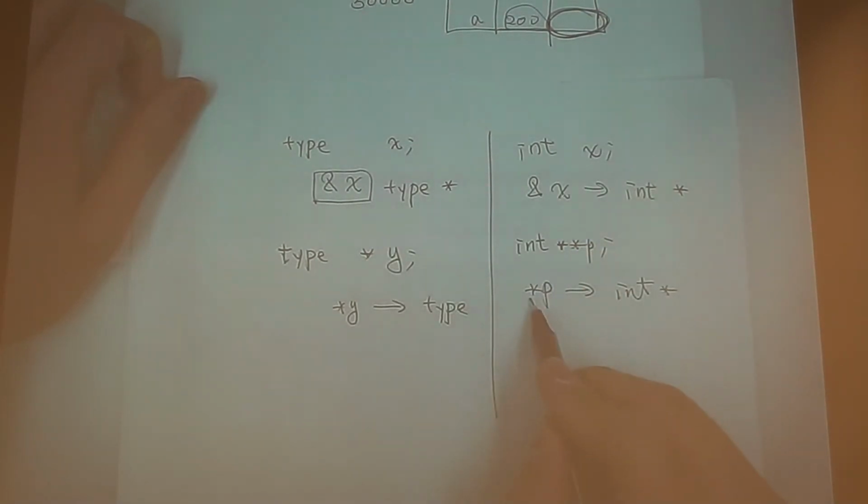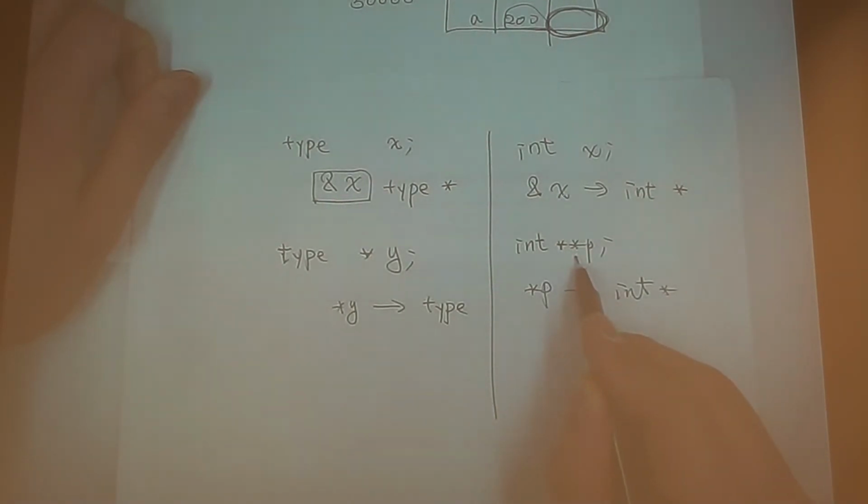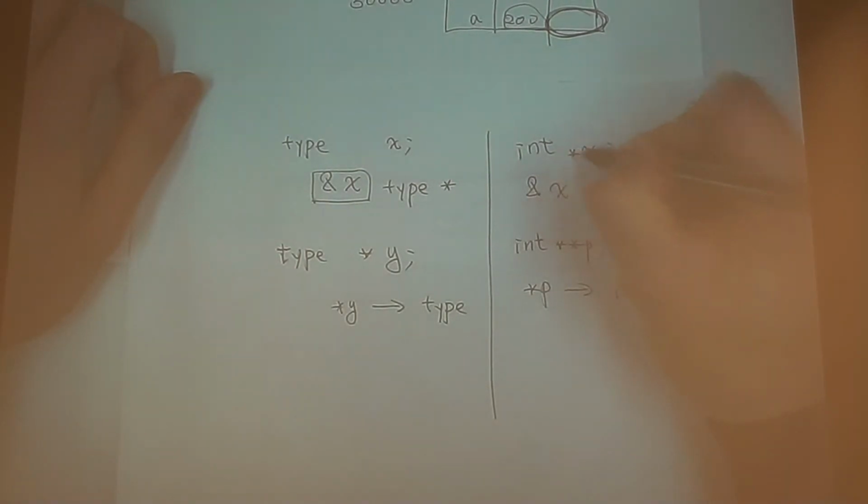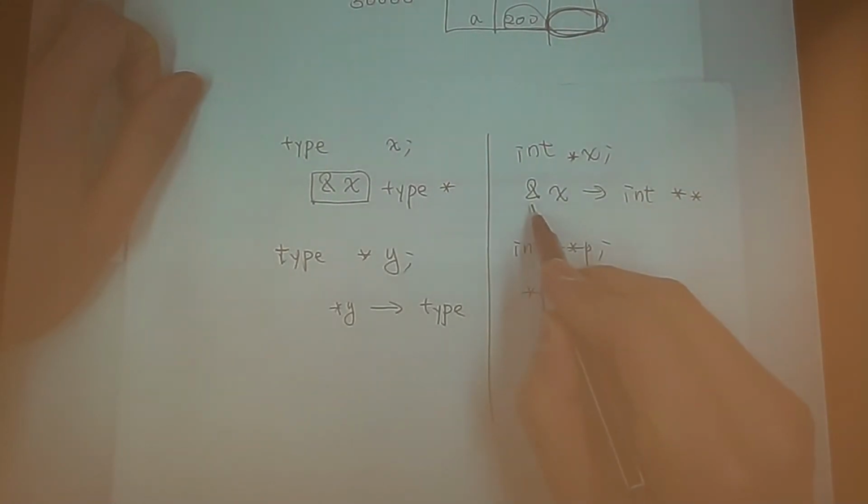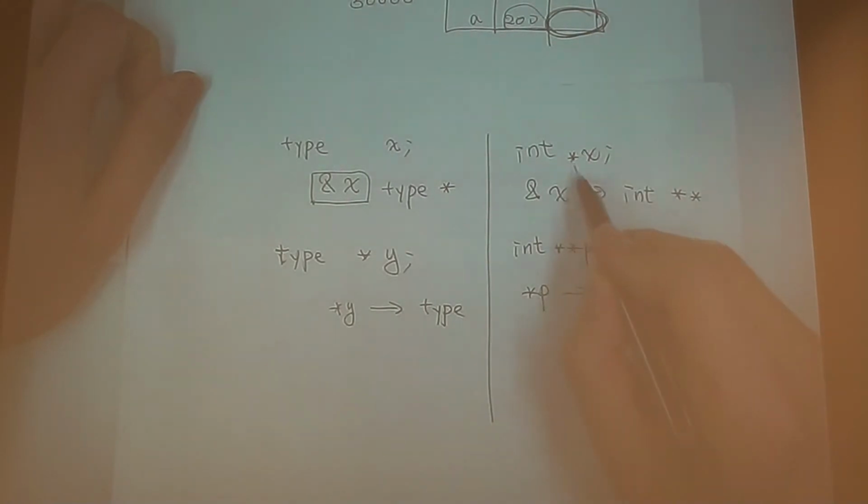Every time you add one star in front of a pointer, you take one star out from the type. Every time you add ampersand in front of the type, you add one more star in front of the type.